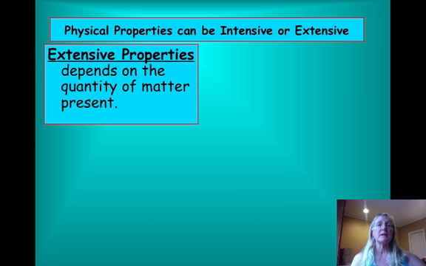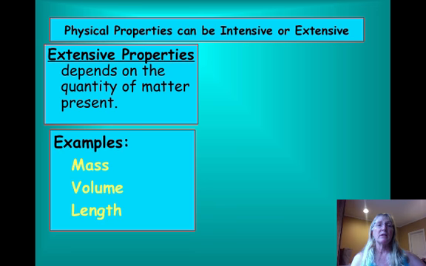Now, physical properties can be further subdivided into intensive or extensive properties. Extensive properties are pretty easy to remember if you just remember it has to do with the amount of matter that is present. So if I have more matter, then clearly its mass, its volume, and its length are going to be larger.